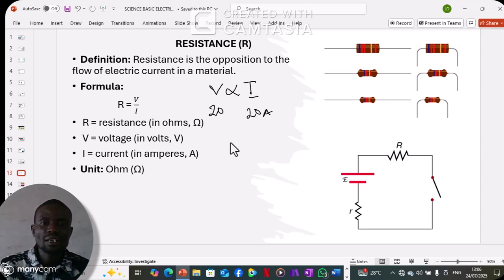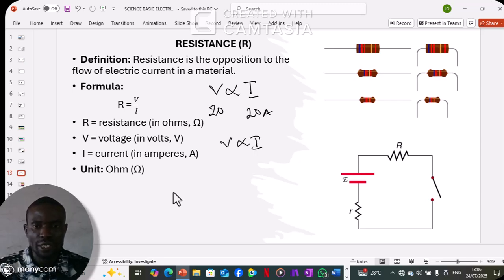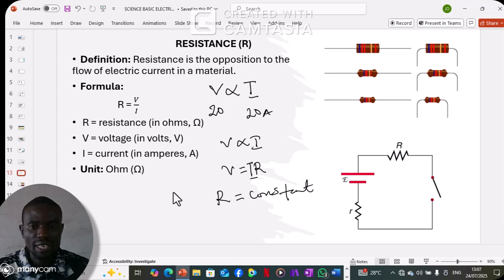So when we say voltage is proportional to current, and we introduce the proportionality constant, voltage will now be IR. I want to write I before R. So R is the constant of proportion, and R is called resistance.